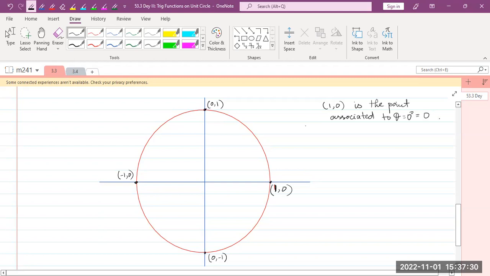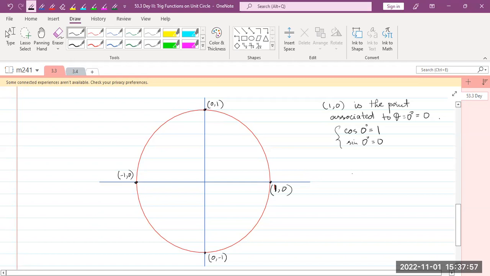So we see that cosine 0 equals 1. Remember, cosine of the angle equals the x component. And sine 0 equals 0. Let's use degrees for now, but 0 degree and 0 radian are the same.